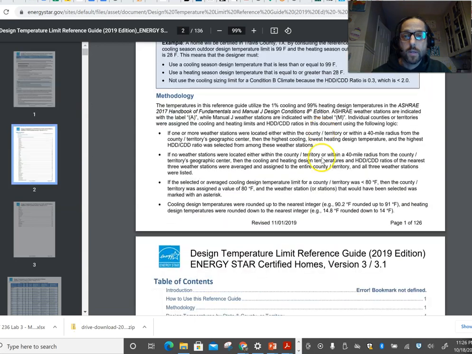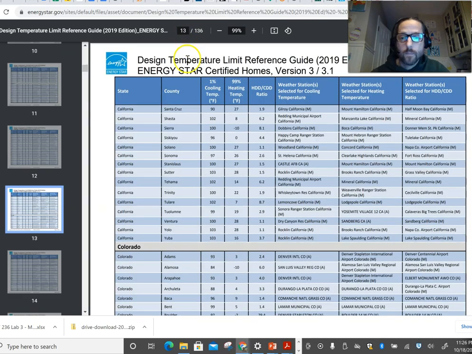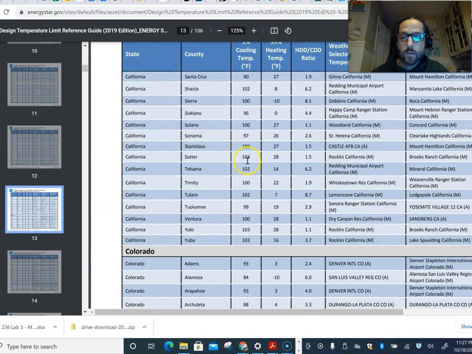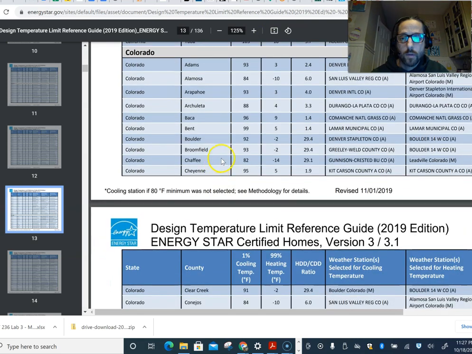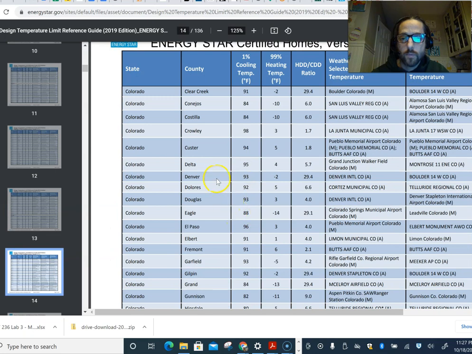Okay, so here's my design temp table. I'm in Colorado, so I can find Colorado. We'll go to 13. Okay, zoom in a little bit. So here is Colorado. Where are we? Denver. There we go.